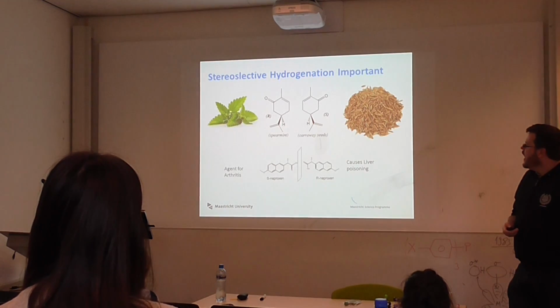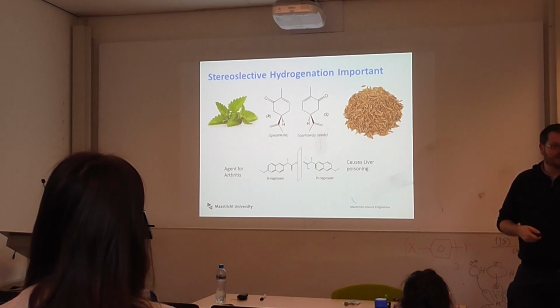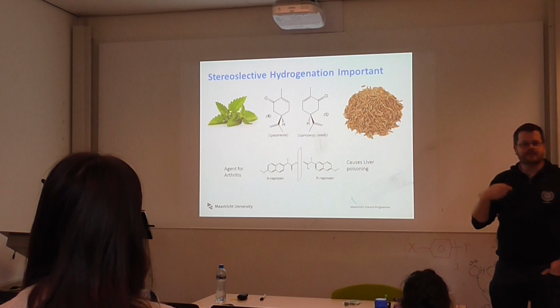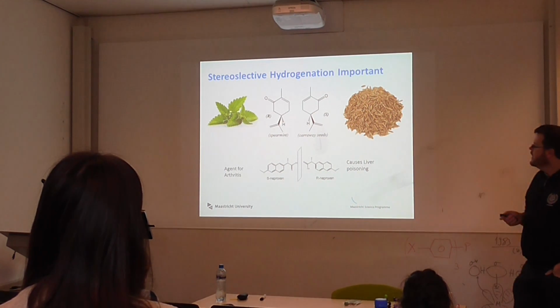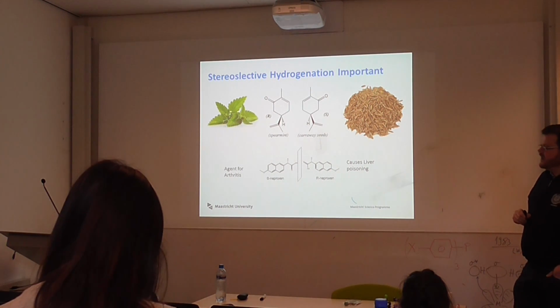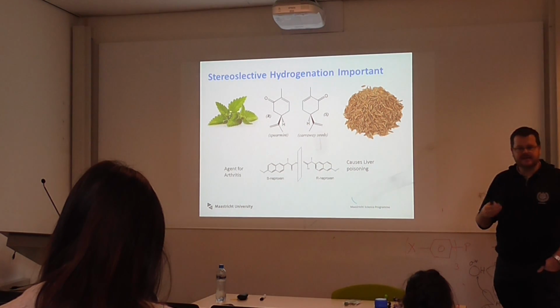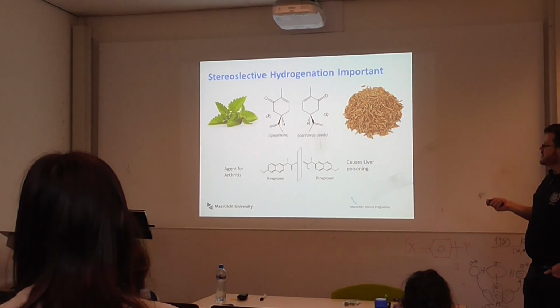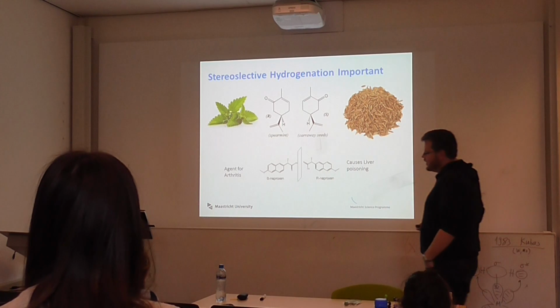Okay? And again, this just illustrates, these are some silly examples you've probably seen from intro organic chemistry courses. Why is this important? It's important because of biological function. We know this business of two enantiomers having different properties in terms of how they interact with receptors. A classic example is spearmint and caraway seeds.